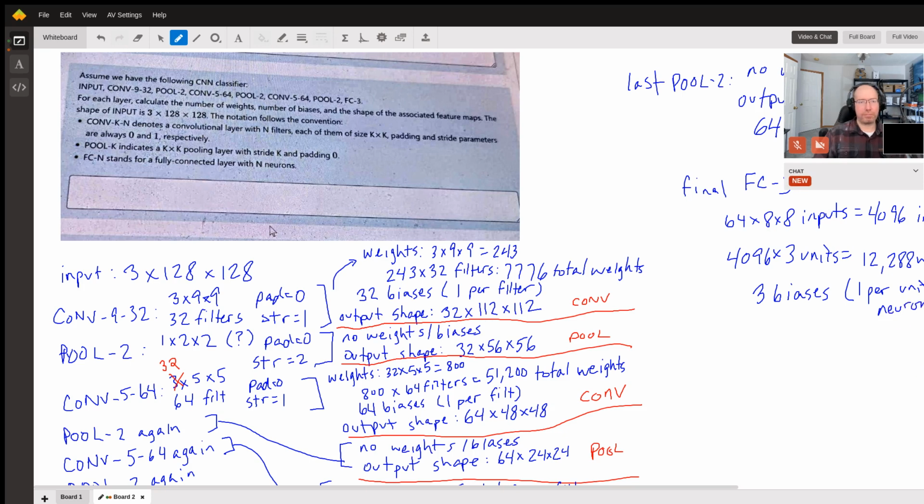And I guess the final output shape would be 1 by 3 or 3 by 1, however you want to say it. Or actually, let me think about this. Maybe you'd say 1 by 3 to keep it in the same way that you notate the X inputs.